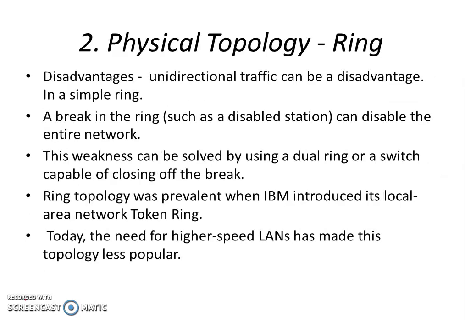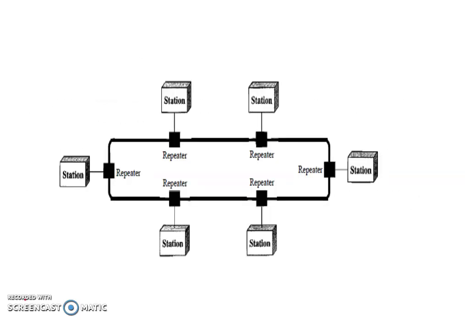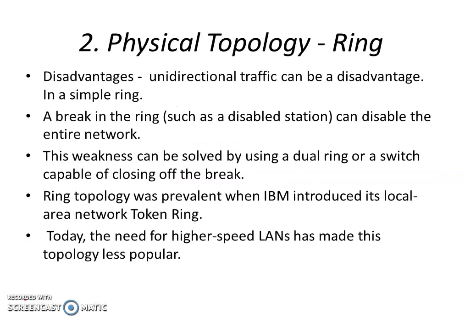If you see the disadvantages, unidirectional traffic can be a disadvantage. If you see the previous diagram, you can identify that if it is unidirectional, only one direction the signal can pass. That can be a disadvantage. If you implement a ring topology that is bidirectional, then it is more effective compared to unidirectional.